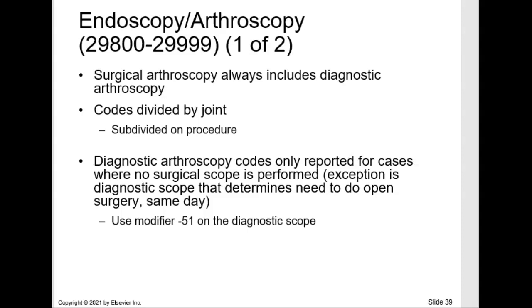They get in there and say, you know what, we need to fix your meniscus. You tore your meniscus. So they ended up doing a meniscectomy. You no longer code the diagnostic arthroscopy because it's included in the surgical arthroscopy. Okay?